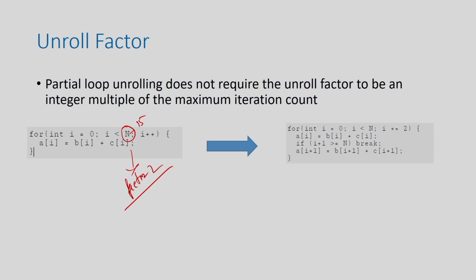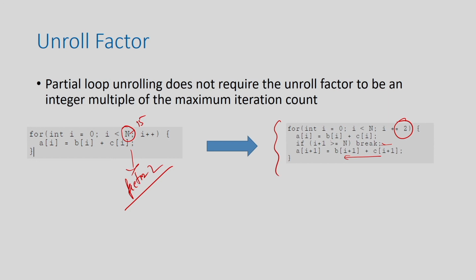But that is not a problem, because you can write it this way. Because I want an unroll factor of 2, I write A I equal to B I plus C I, and then if I plus 1 is greater than the bound, you just break, otherwise you do this, and it is I plus 2. So, when I equal to 0, A 0 equals B 0 plus C 0 is going to happen, and A 1 equals B 1 plus C 1 is going to happen.